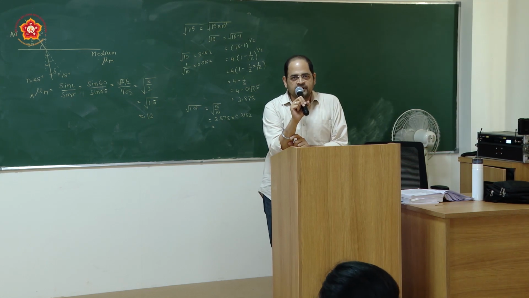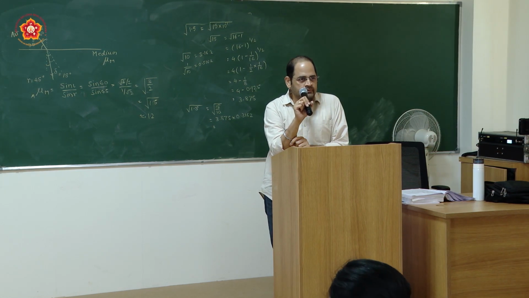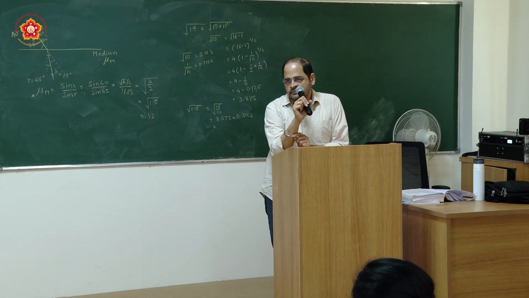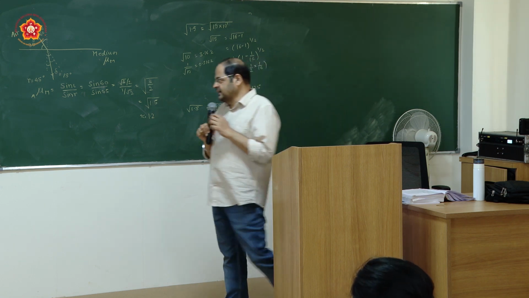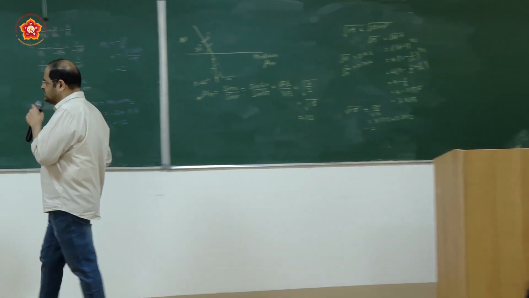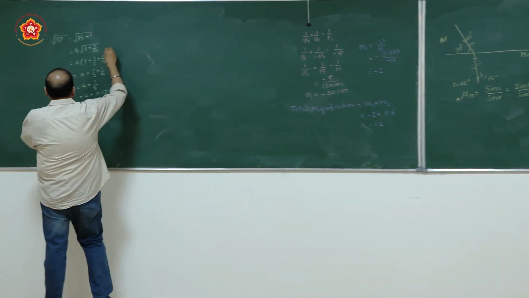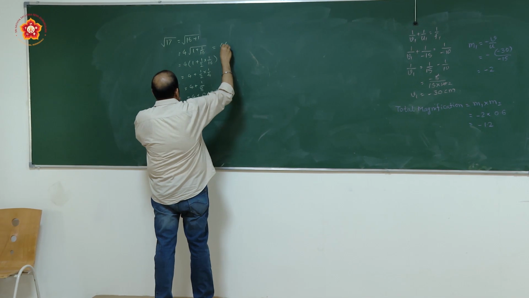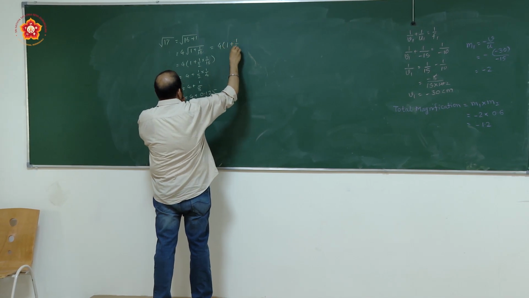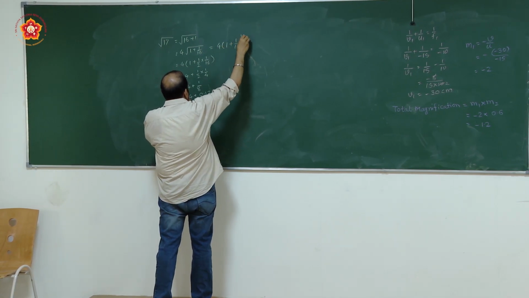This is the approximation method. Where is the 1 by 2 factor coming from? Can I write this particular part as 4 times the bracket 1 plus 1 by 16 to the power 1 by 2?